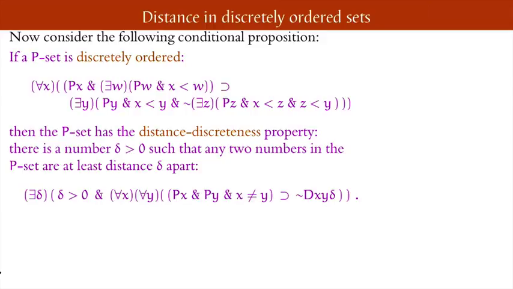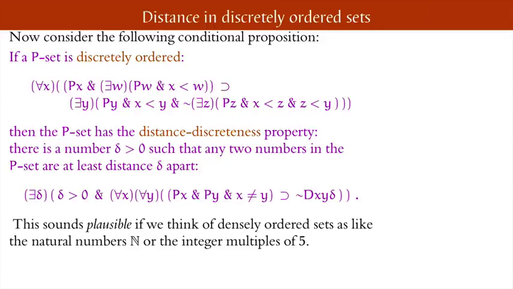So we might consider the condition: if a P set is discretely ordered, then the P set has this distance discreteness property. Well, this seems plausible if we think of discretely ordered sets as like the natural numbers or integer multiples of 5, but it is in fact false.